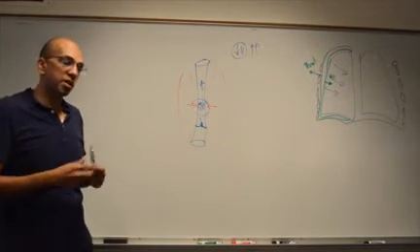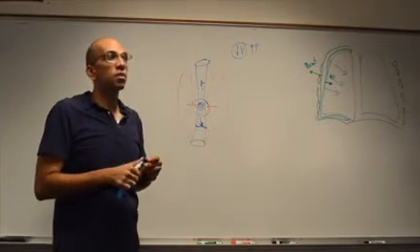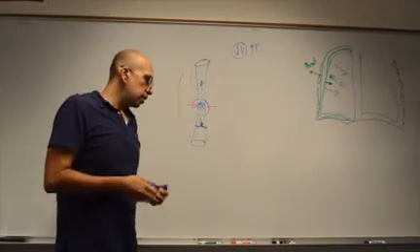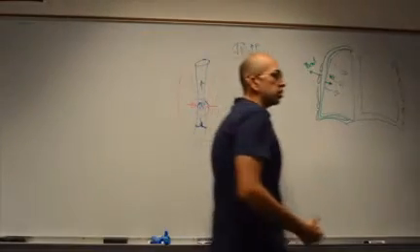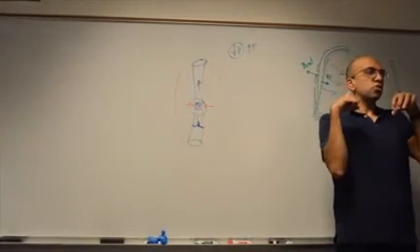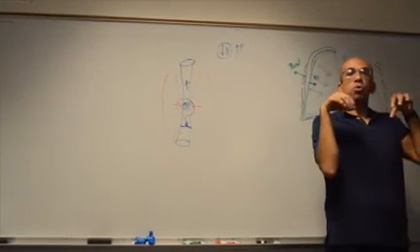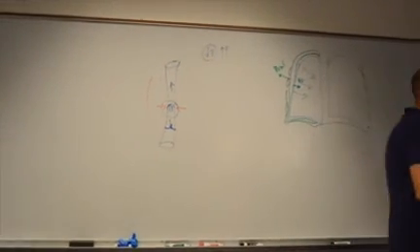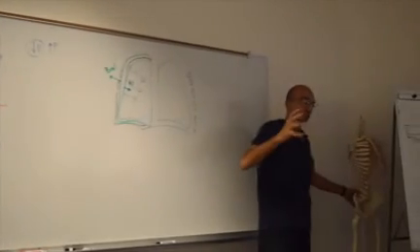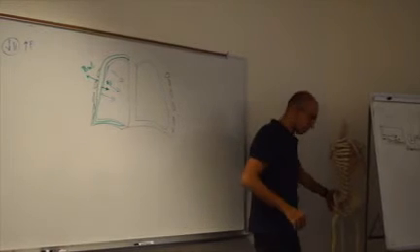Compared to the lungs, muscles have a tendency to contract. So when a person dies, what's going to happen to the muscles? Muscles will start to contract. I will have rigor mortis. If you don't do anything about it, the muscles will start to contract.